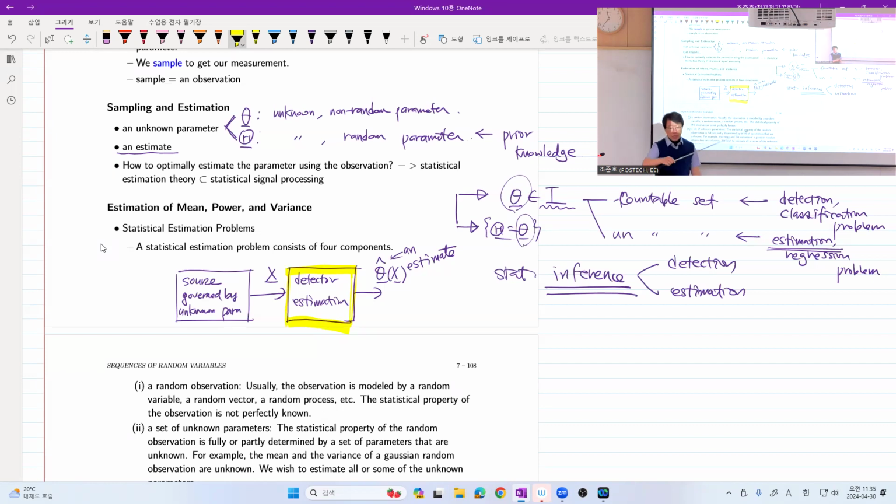Machine learning, AI, and deep learning have different approaches. What they say is like this. Suppose we have some restrictive but very versatile, complicated structure they call a model. This model can be trained, which means that this model has a lot of parameters, and those parameters can be optimized by using a lot of observations.